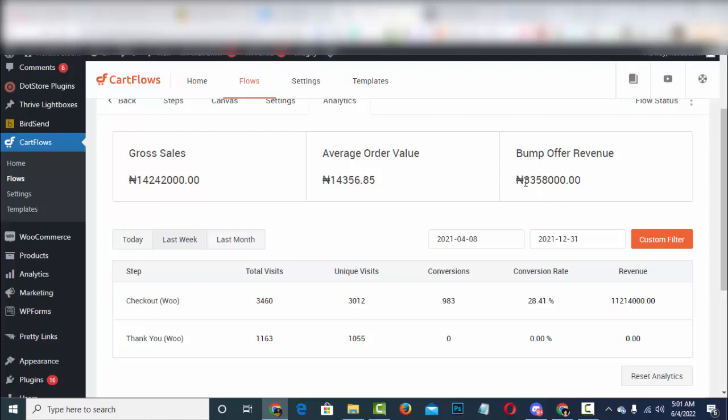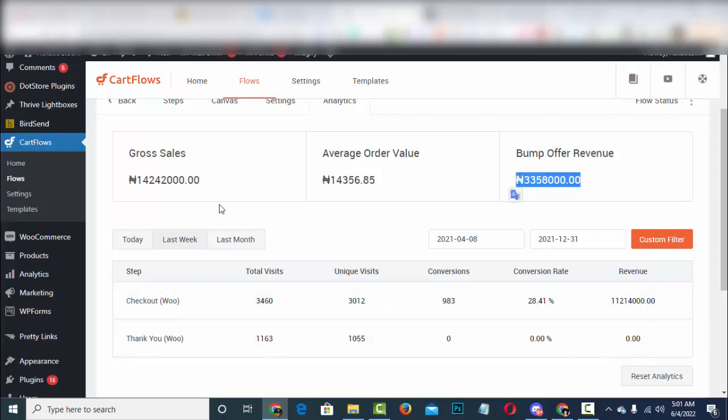And you can see what came in from the bump offer, which I have taught you guys already. About 3 point something came in from just the bump offer. Without that bump offer, we will not have this extra sale right here.